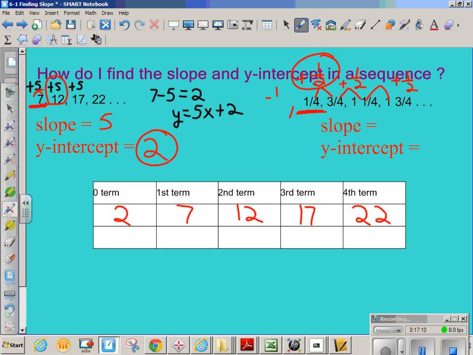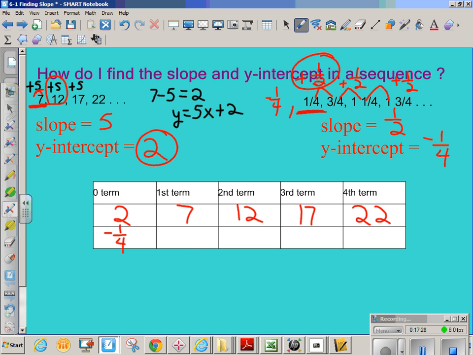So what does that mean for us? It means that that is our y-intercept. If we were graphing it, that would be the place the graph crosses the y-axis, and our slope is going to be 1/2. So the y-intercept is always your starting point, or in this case, the 0 term.